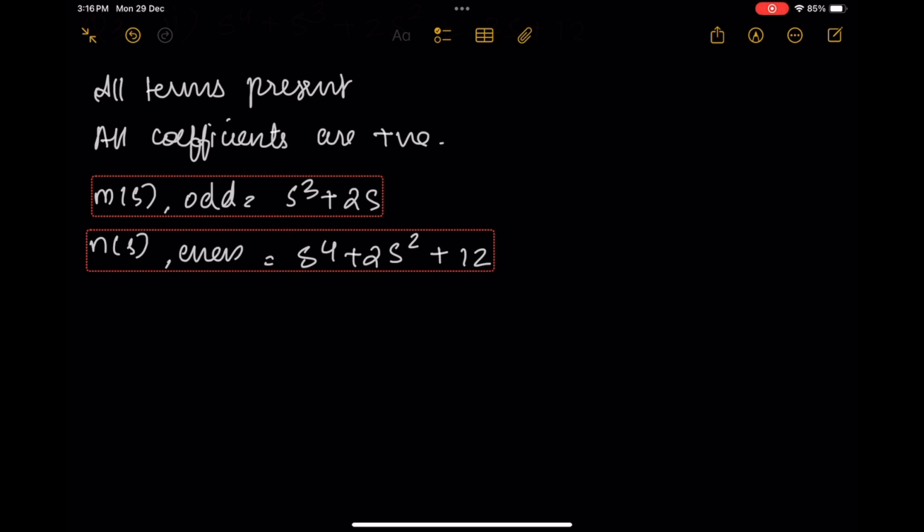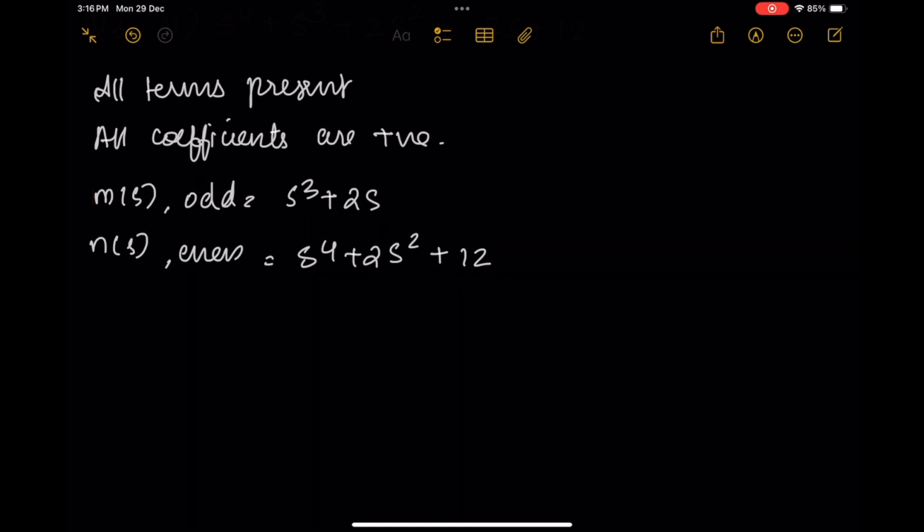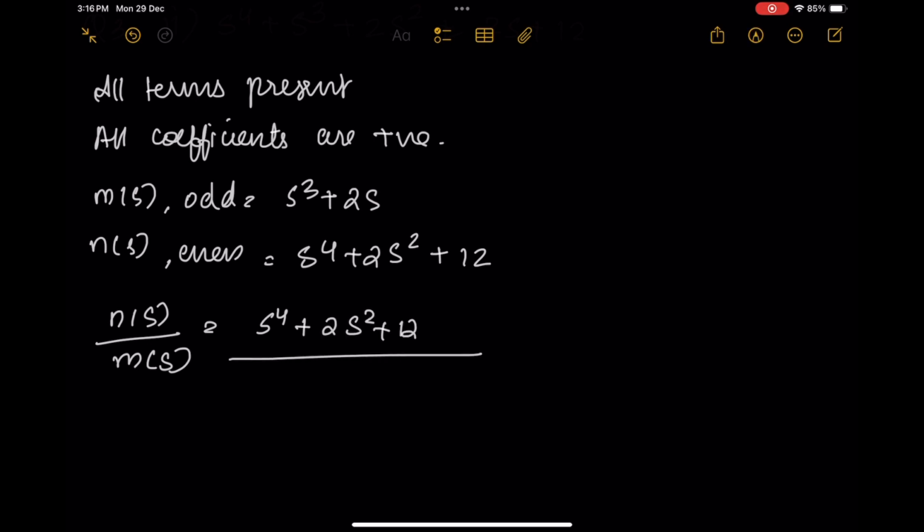So I'm going to take the even term as the numerator, n by s by m by s. Then I'm going to do continued fraction in this given fraction, that is s raised to 4 plus 2s square plus 12 divided by s cube plus 2s.